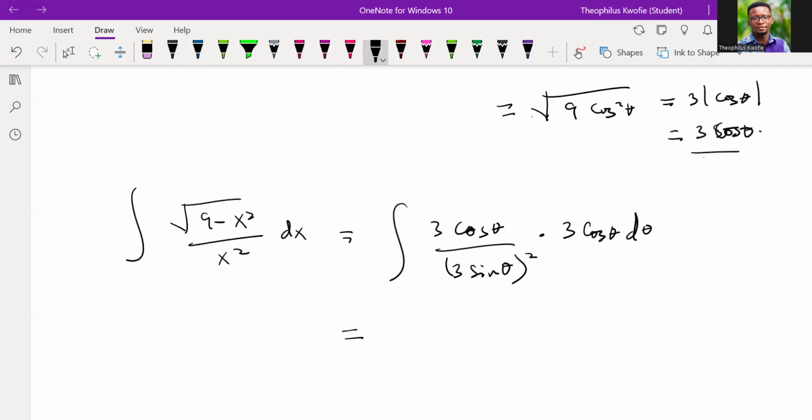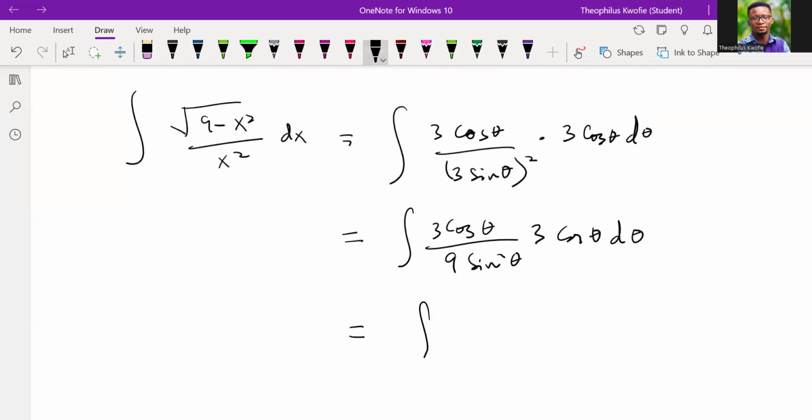Now, when we further simplify, we should have what? We should have cosine. There'll be some cancellations. So I think we should have 3 cosine theta over 9 sine squared theta d theta, right?